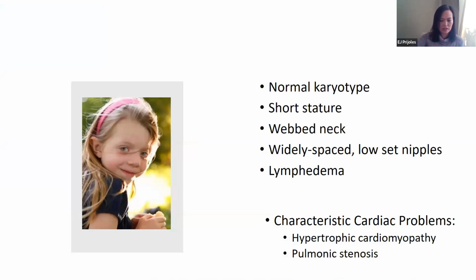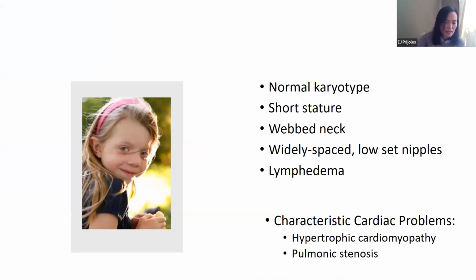All right. And so another condition where an individual may have similar features to a child with Turner syndrome, particularly another girl with short stature and who may have a webbed neck, widely spaced low set nipples and lymphedema.